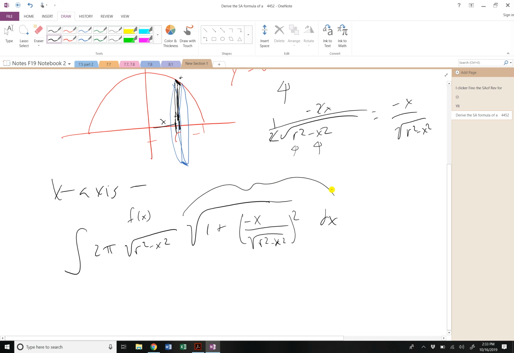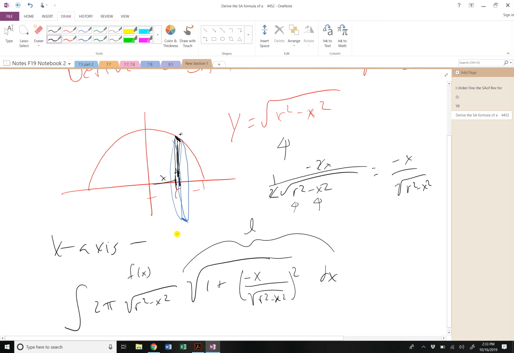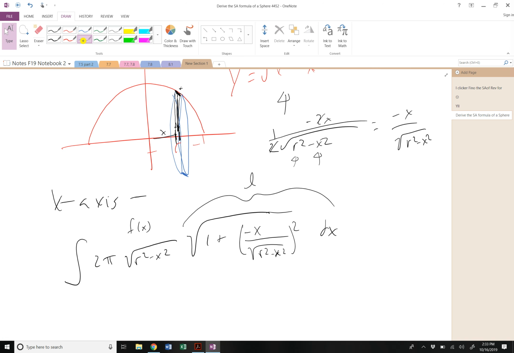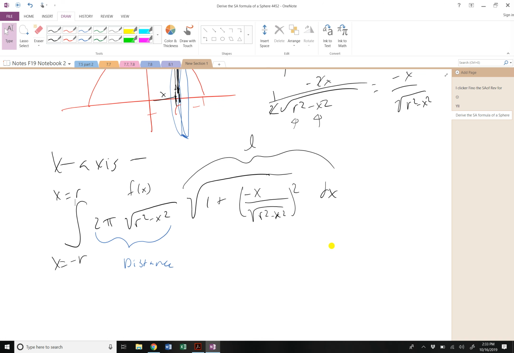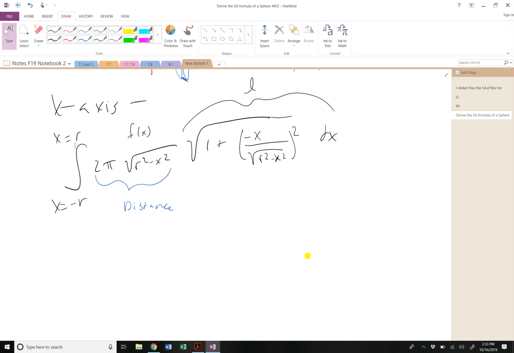This much is my L, that's the length, and this much is the distance that it travels. And I can go x equals negative r to x equals r, or x equals 0 to r and then square it. So that's the x-axis setup.